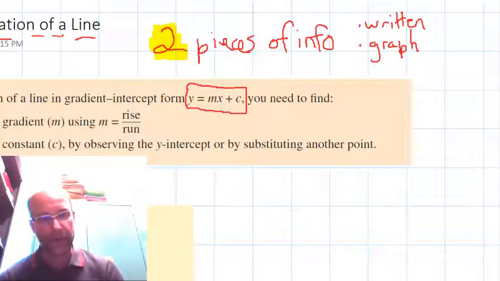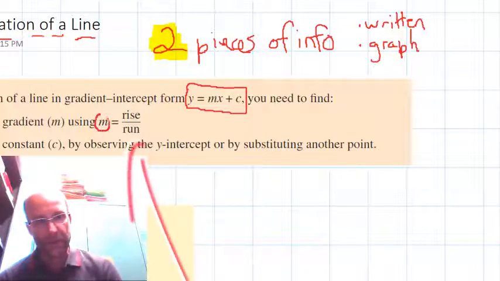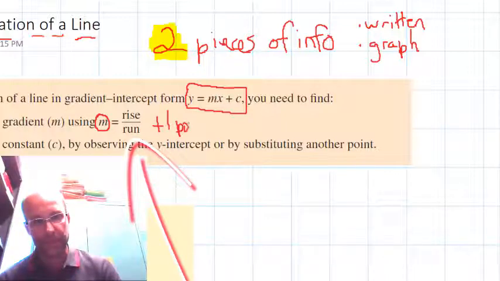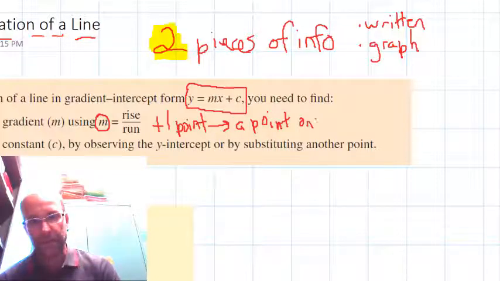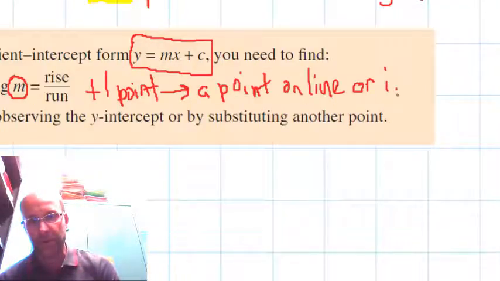What do these two pieces of information need to be? They need to be the gradient plus one point. Now that point can be any point on the line, or an intercept, which is actually another point on the line.